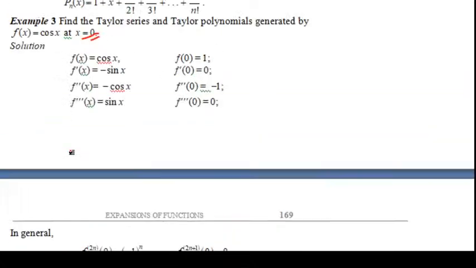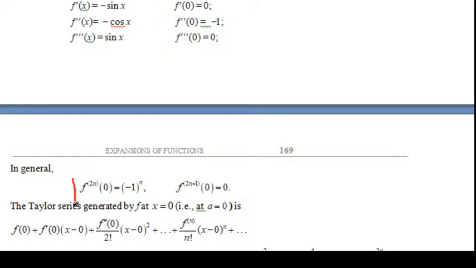So in general, you can see that if we find the even derivative and evaluate the value at x equal to 0, it will be negative 1 to the power n. And when we find the 2n plus 1th derivative and evaluate the function at x equal to 0, the value will be 0. Okay.